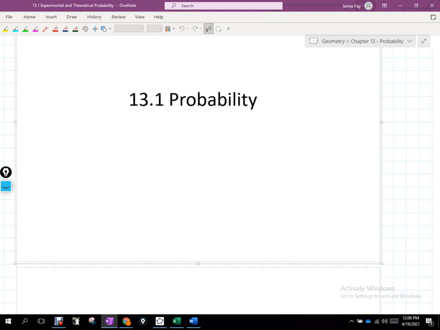We're going to just skim the surface with probability rules and relationships, but you can get into some very, very complex ideas and concepts when you're dealing with probability.